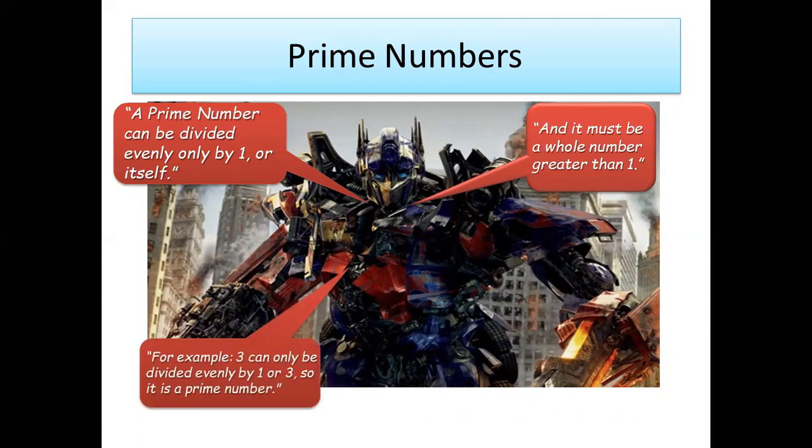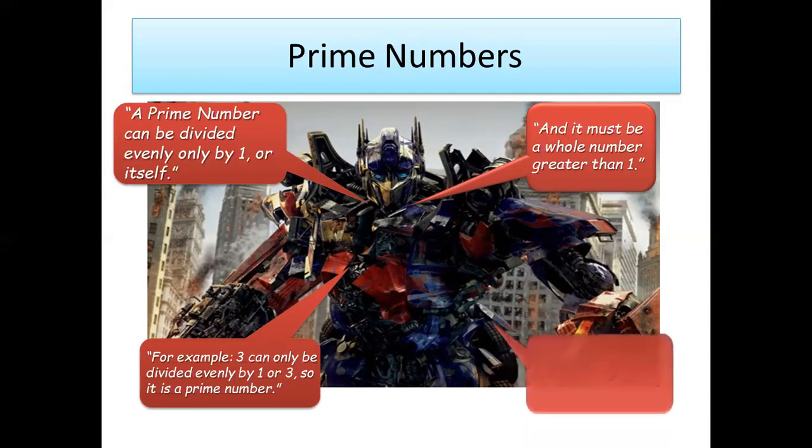Okay, and for example here, 3 can only be divided evenly by 1 or 3, so it's a prime number. Can 3 be divided by any other number than 1 or 3? No. Okay, here the only even number is 2.